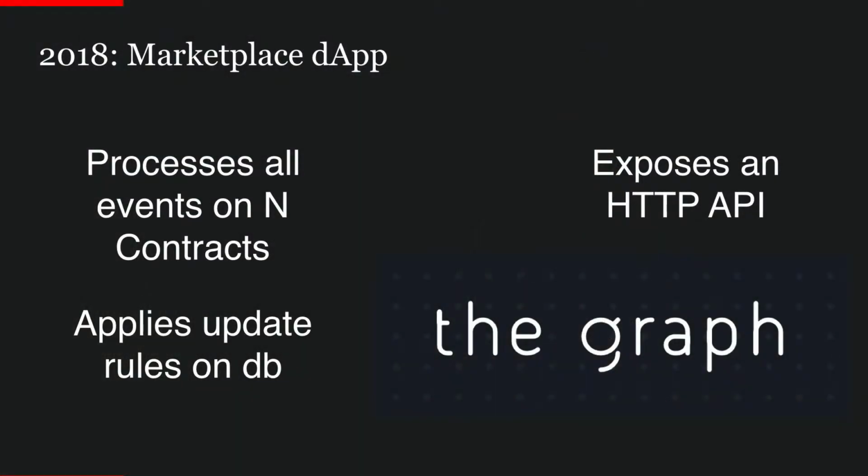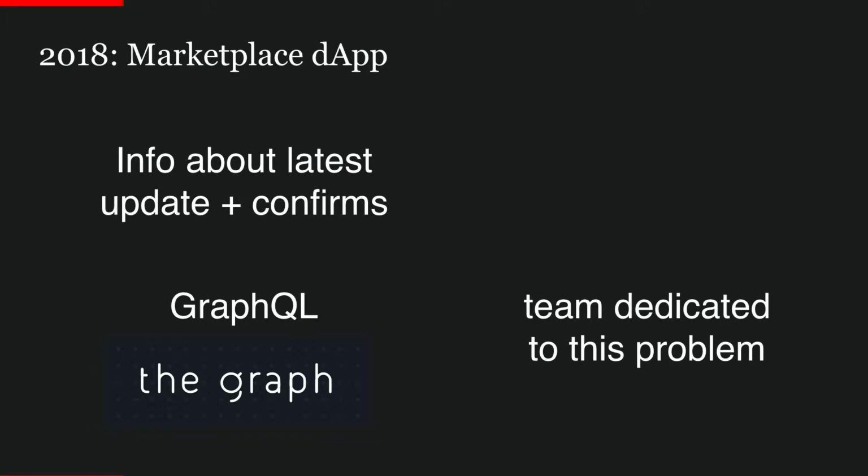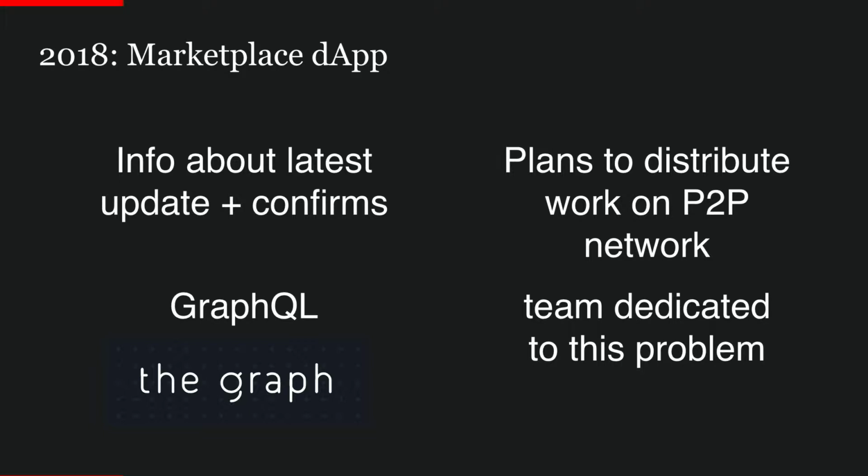But around April or May, I figured out that somebody was also working on solving this problem in a very similar way to how we were doing it, and also improving on top of our approach, adding info about what was the latest update to the information that we were having, using GraphQL, which I think is a way better solution than REST for your HTTP APIs. A whole team dedicated to this problem, and with plans to distribute it as a decentralized network.